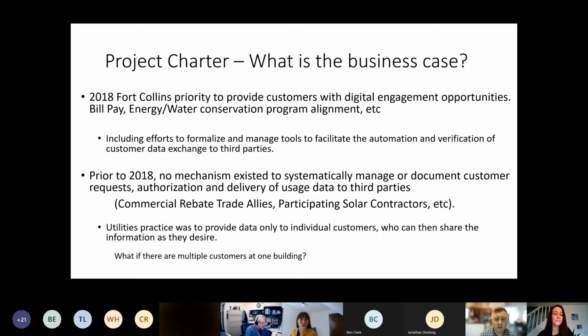Along that same pathway, we were also looking at how we engage with our trade base and our trade allies, participating solar contractors, third parties, and other folks that are supporting our energy efficiency goals. Aside from a customer giving their username and password to a contractor, how can we engage with our contractors and other third parties in this energy management process?